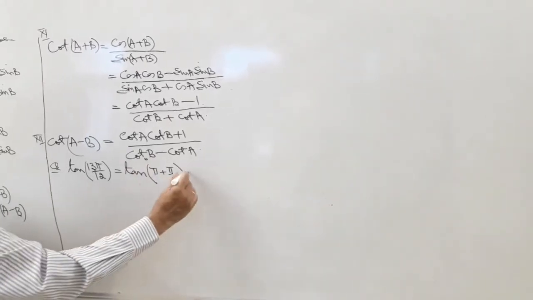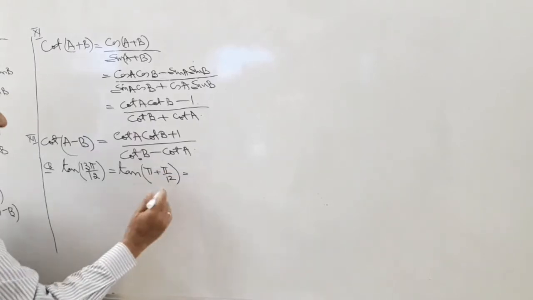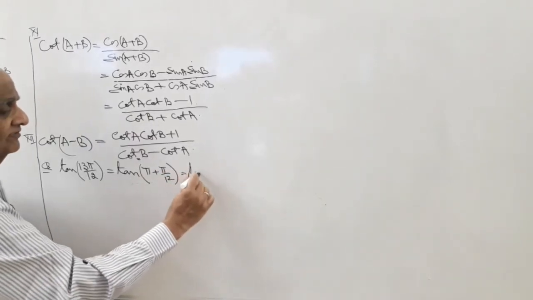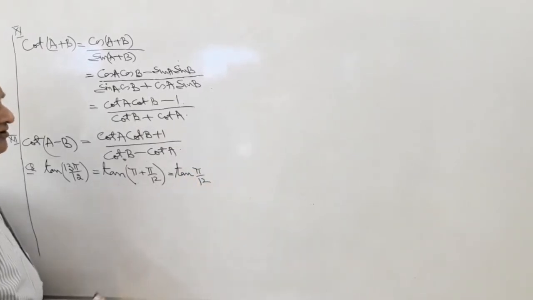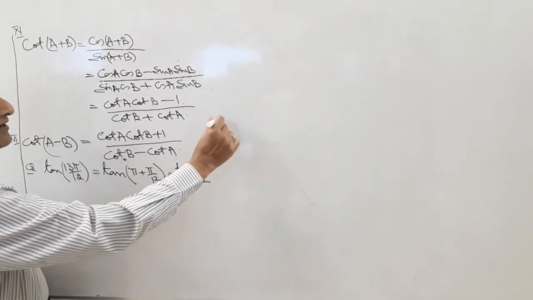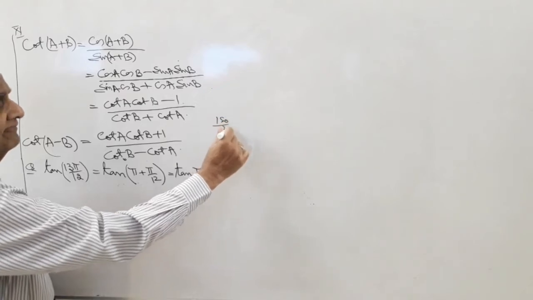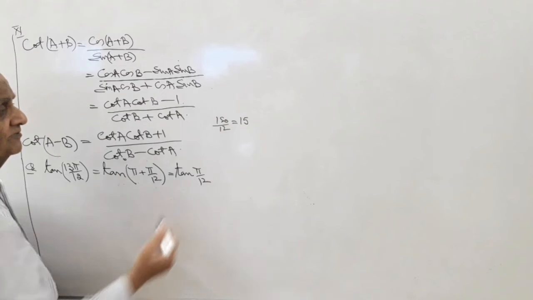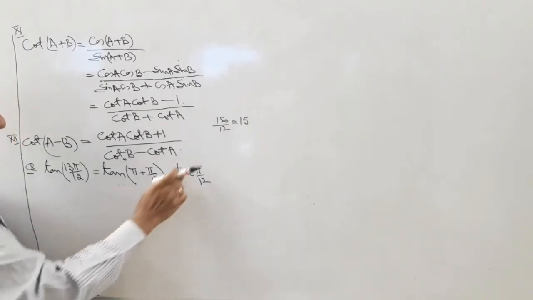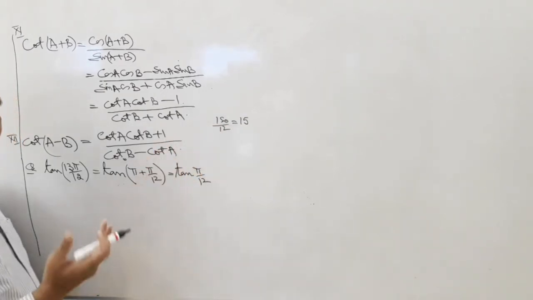This will be tangent of 180 plus theta, third quadrant, tangent of pi by 12. If we divide 180 by 12, we have just 15 degrees.